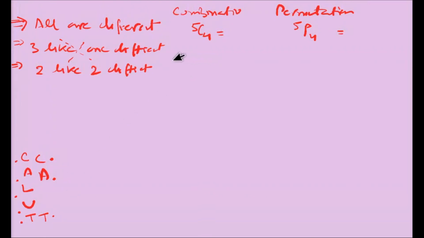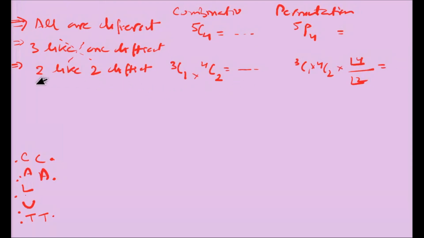From 3 pairs we have to take 1 pair, and if we leave this pair, there are 4 different letters. From 4 different letters we take 2 different letters, and we multiply. So we can write 3C1 into 4C2.